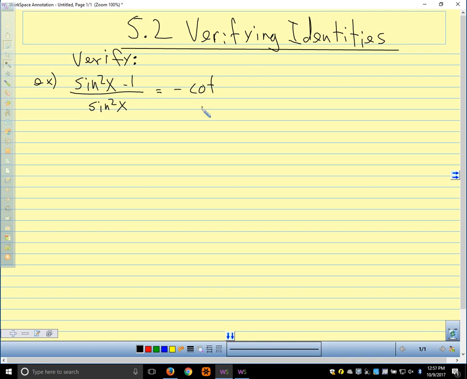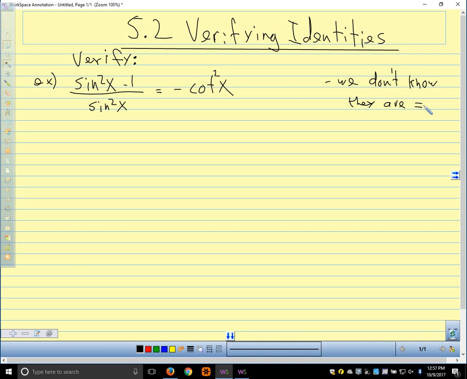Now, several things about verifying identities. We do not know that they are equal. So what that means is we can't work across the equal sign.